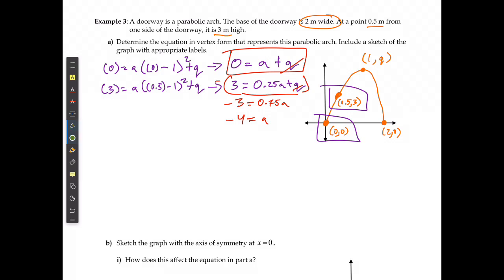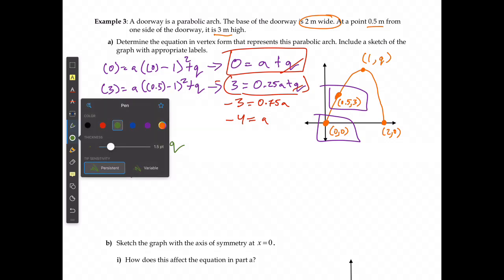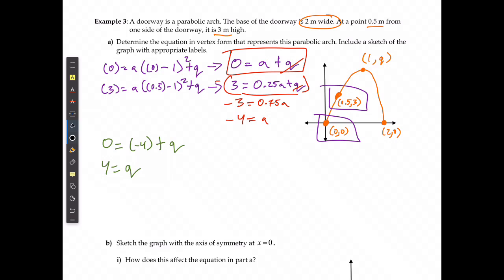And now I'm going to state that 0 is equal to negative 4 plus q, or 4 is equal to q. My equation is going to be y is equal to negative 4 bracket x minus 1 squared plus 4.